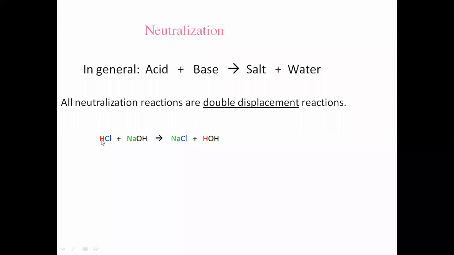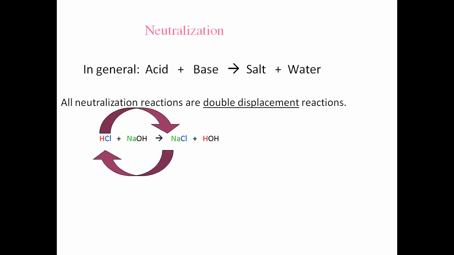See here, H plus is displaced from hydrochloric acid to the water molecule, and from NaOH, Na plus ion is displaced to the Cl minus. So both of the reactants are displaced from their place. That's why all the neutralization reactions are known as double displacement reactions.